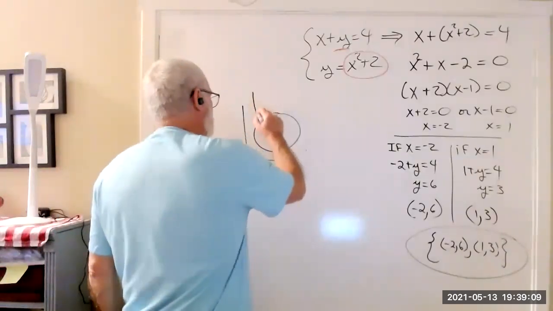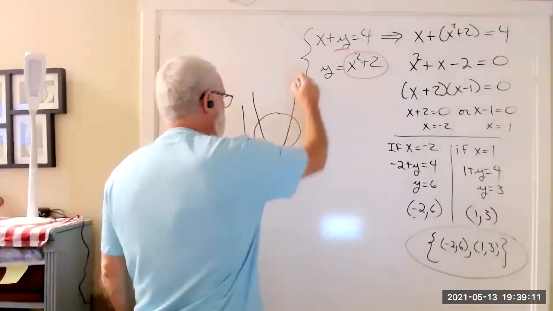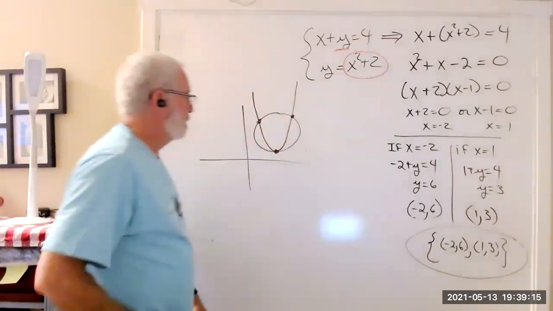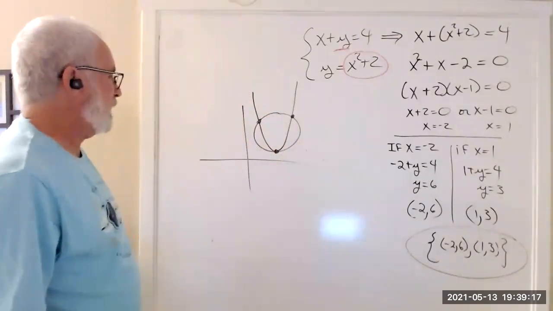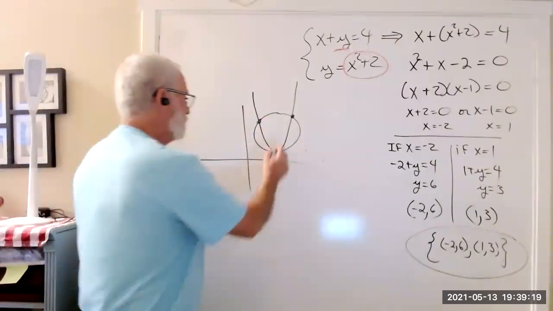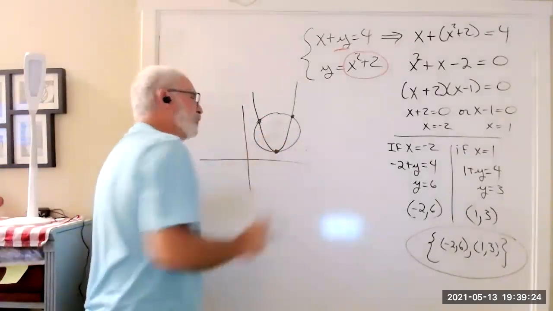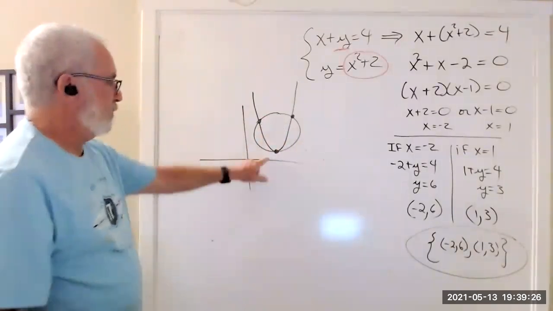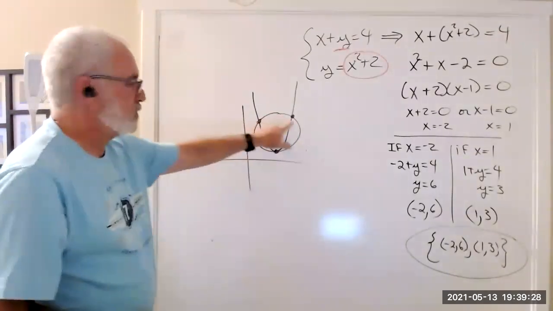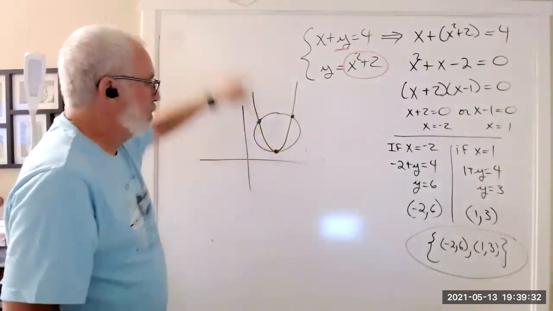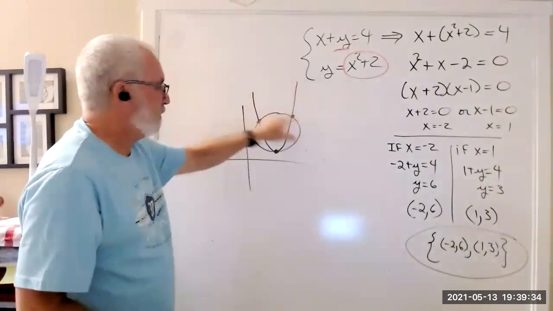Well, what if I put a parabola just like this? Looks kind of like an ant, doesn't it? Ant-Man. Never mind. If by some dumb luck the vertex was down here in these other 2 points, it's totally possible that a circle with a parabola could have 3 answers.